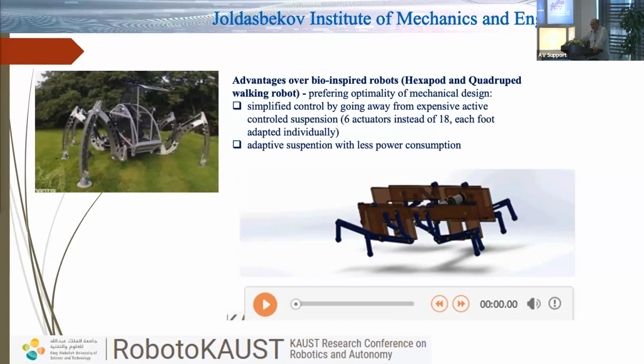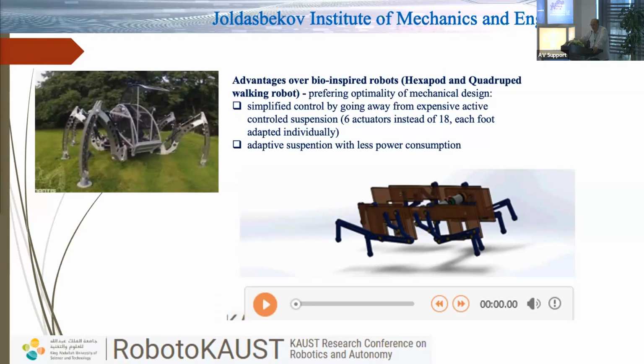And all of these actuators work in the mode of intensive accelerating and braking, which is far from optimal from a mechanical point of view, because huge energy consumption is necessary to actuate such robots.